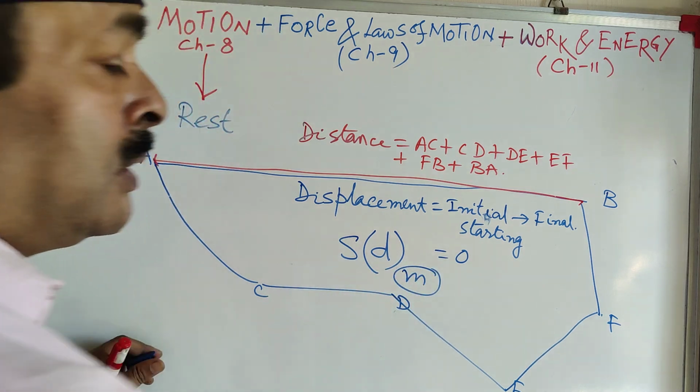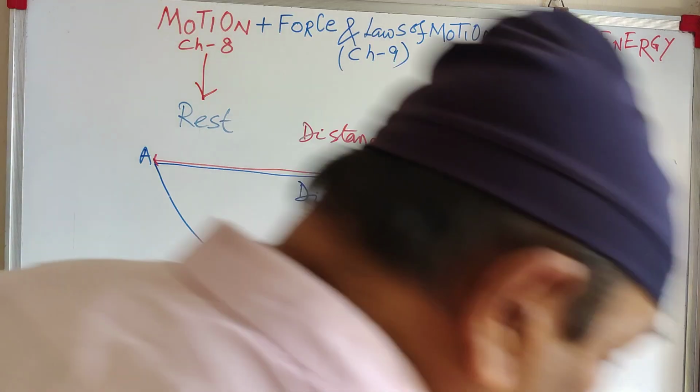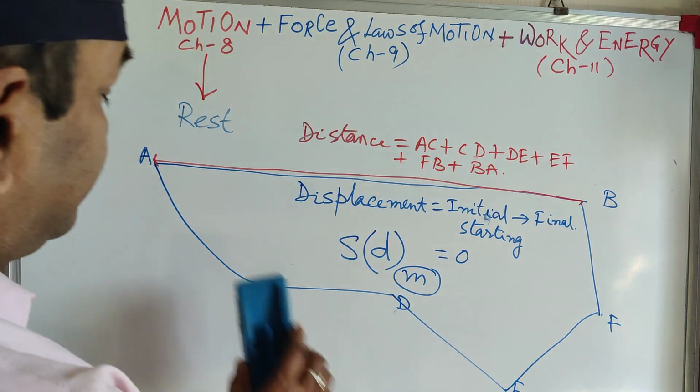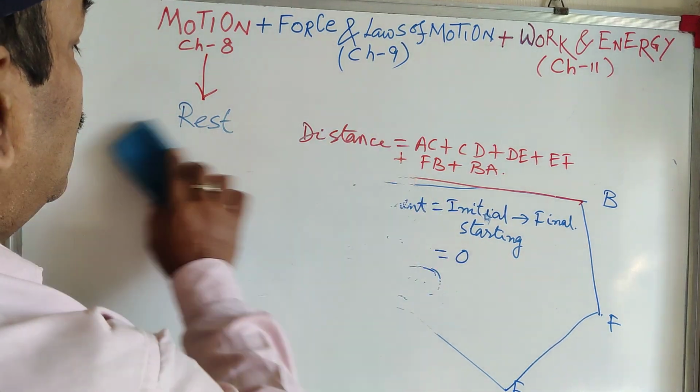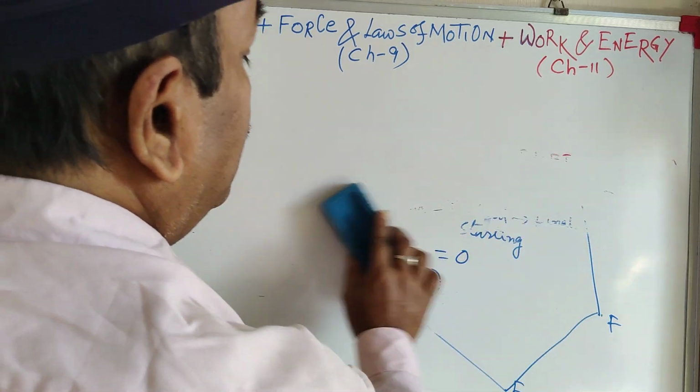Always it should be considered in meter. If the unit is given in some other unit, it should first be converted into meter, then you can do the other calculations. So these are the concepts of motion, distance and displacement.